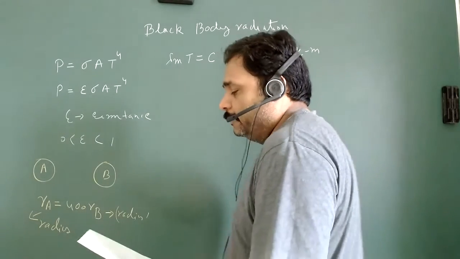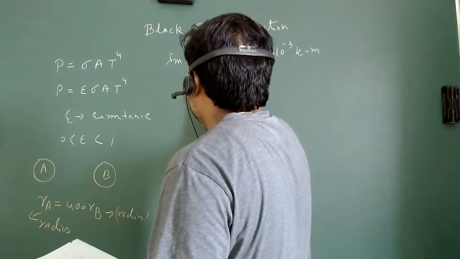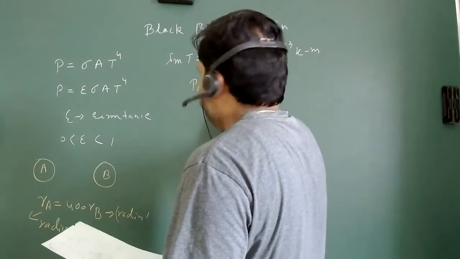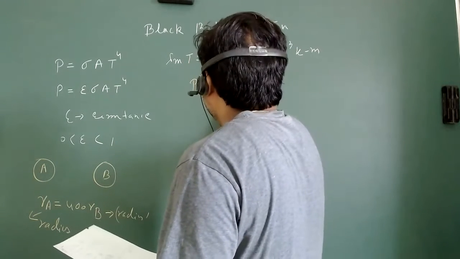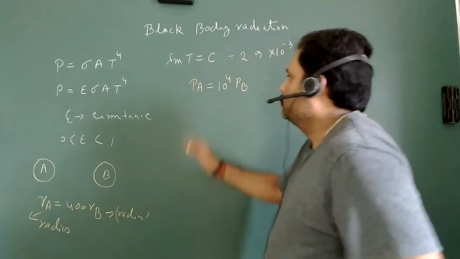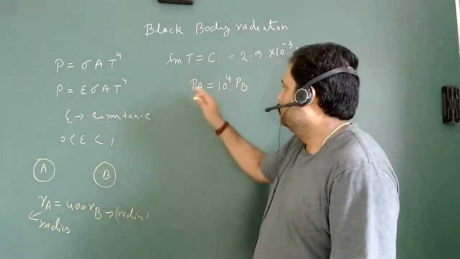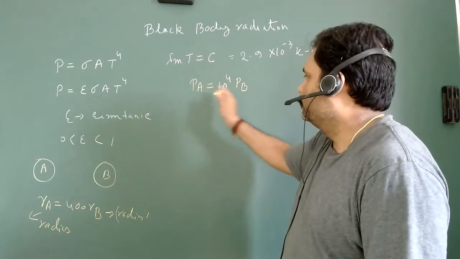The second information is that the power of A is 10 to the power 4 times the power of B. So the power radiated by these black bodies is related like this.